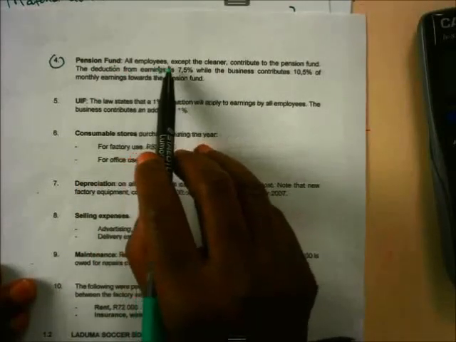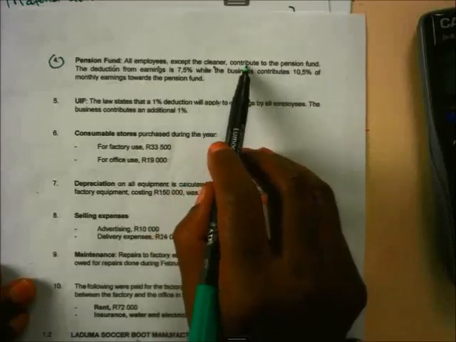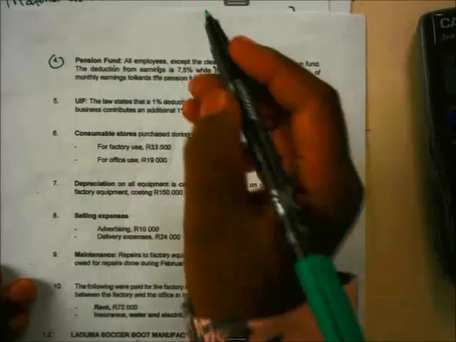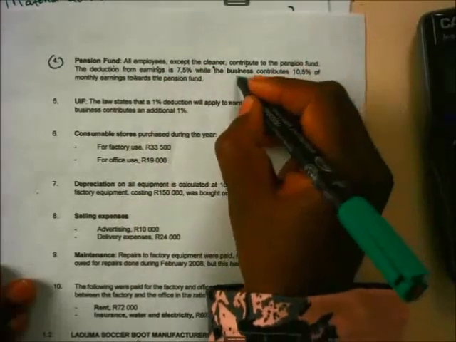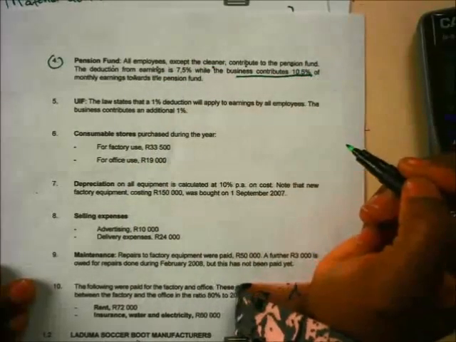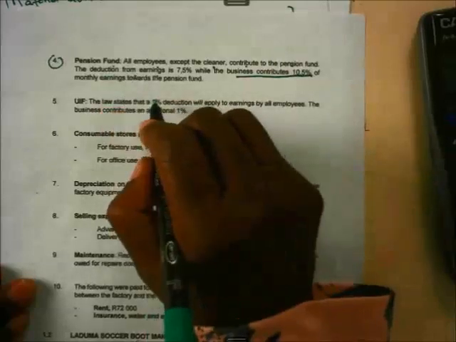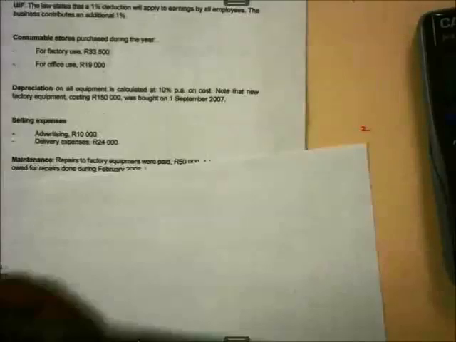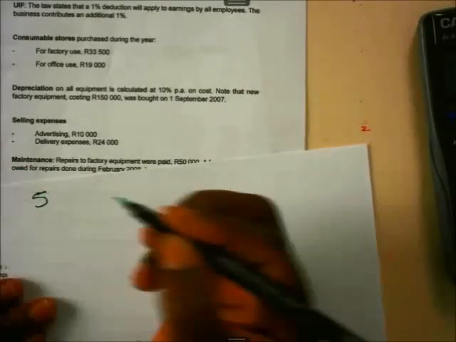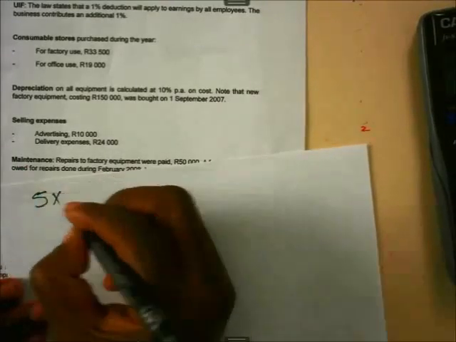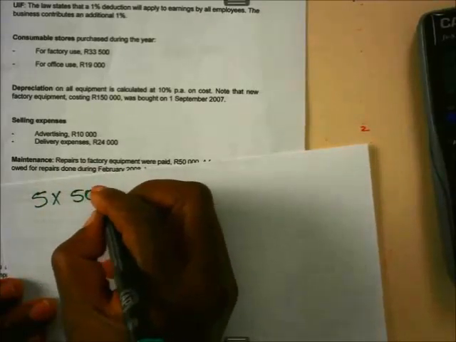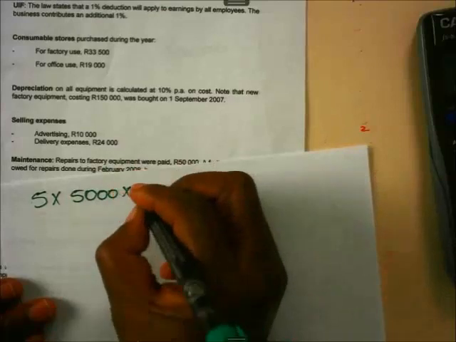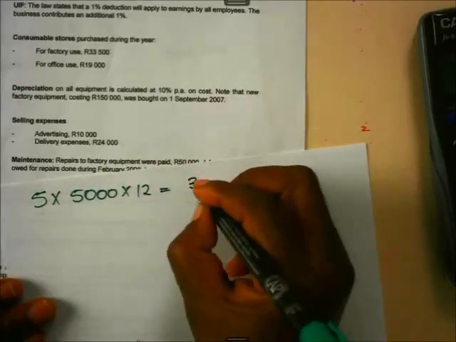All employees except the cleaner contribute to the pension fund. The deduction from earnings is 7.5, while the business contributes 10.5 of monthly earnings towards the pension funds. You can also do the calculations. We have 5 employees. Each earns a monthly salary of 5,000, for 12 months. The total is 300,000.